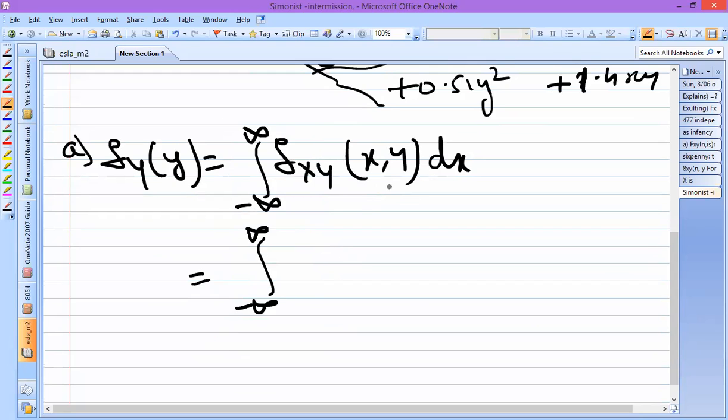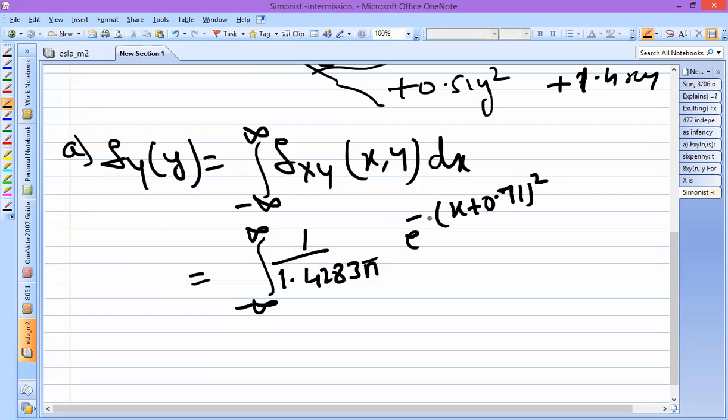And here fxy of x comma y is defined by 1 divided by 1.4283 pi e to the power minus of x plus 0.71 y whole square, plus 0.51 y square, the entire term divided by 1.02, which has to be integrated with respect to x.